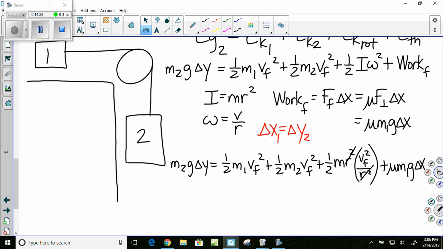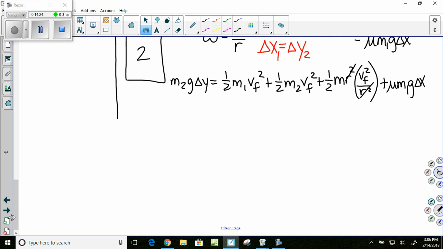So here I'm just going to go with 70 newtons because that was the weight, times the delta y, which was 2 meters. I'm leaving off decimals to make sure I have room. Okay, so now I'm just substituting in. So 1/2 of mass 1 would end up being 2.5 kilograms times v final squared. And 1/2 of mass 2 is 3.5 kilograms times v final squared. 1/2, this is the mass of the pulley.